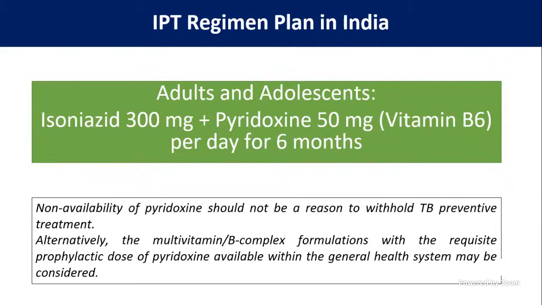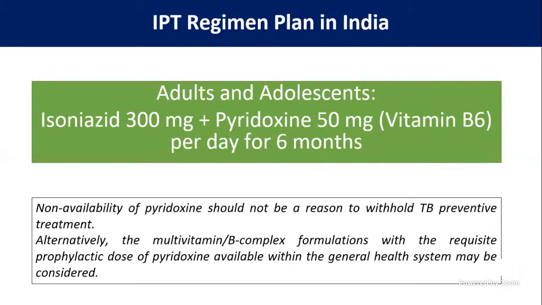So in India, currently, the recommended regimen is INH at a dose of 300 milligrams along with pyridoxine 50 milligrams per day for 6 months. Again, the PMDT guidelines and also the current guidelines suggest that non-availability of pyridoxine should not be a reason to withhold TB preventive treatment. This is very important because there were several operational studies done by NTEP, and these recommendations have flown in from there.